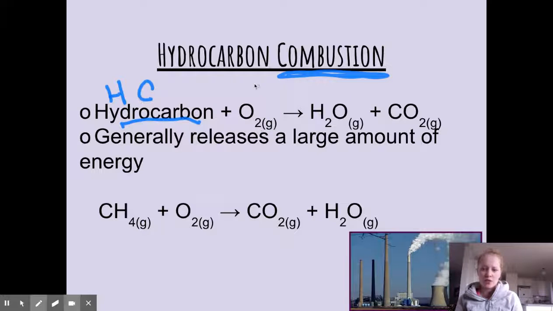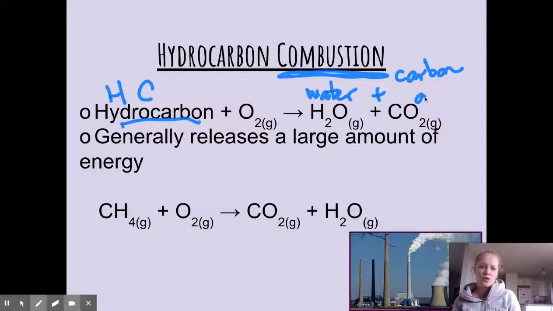In order for combustion to happen, oxygen gas has to be present, and it always produces water and carbon dioxide. And there is no doubt about that. So as soon as you identify the hydrocarbon and oxygen, automatic, don't even think about it, carbon dioxide, water. Don't even have to go more complicated than that.